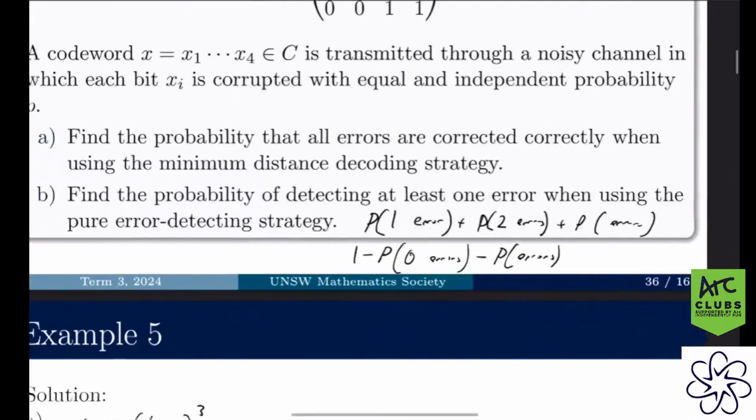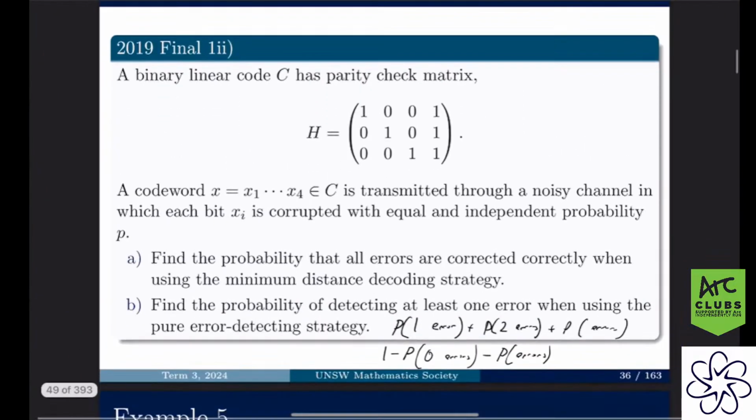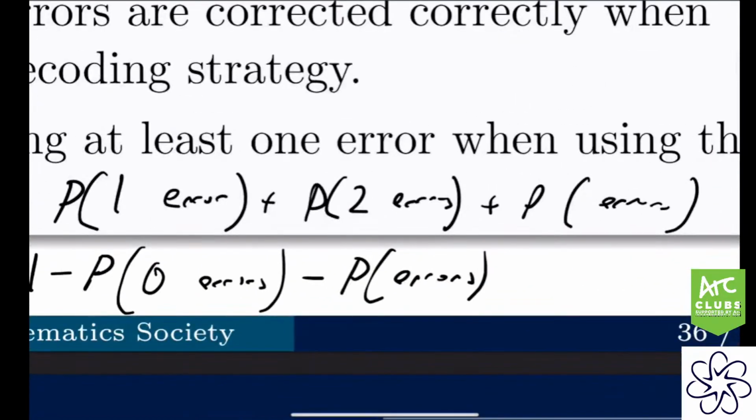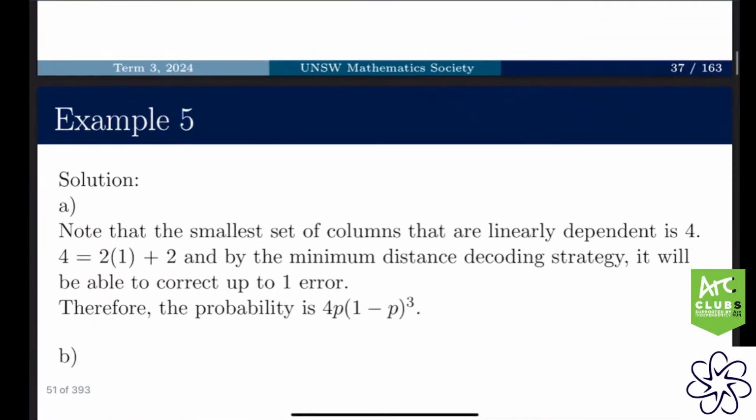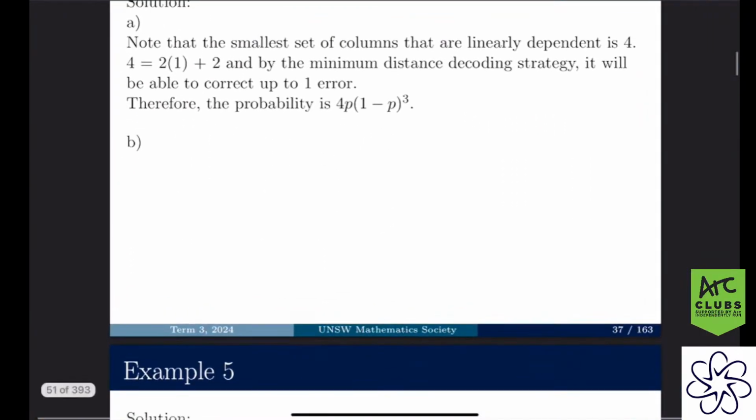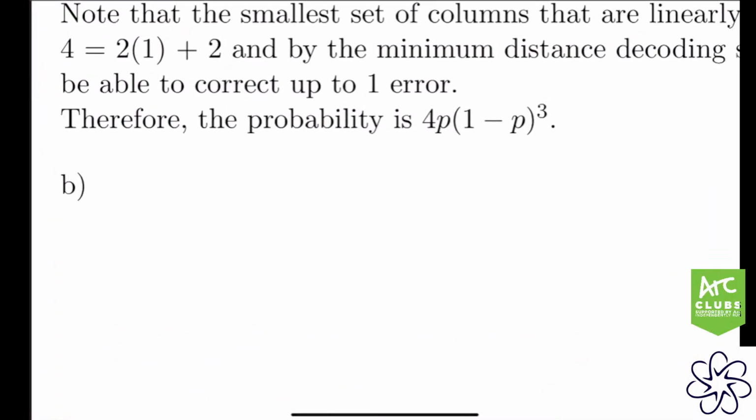As we have code words of length 4, we can't have more than 4 errors, right? So using some simple combinatorics as well, the answer here is going to be 1 minus the probability of 0 errors, minus the probability of 4 errors.